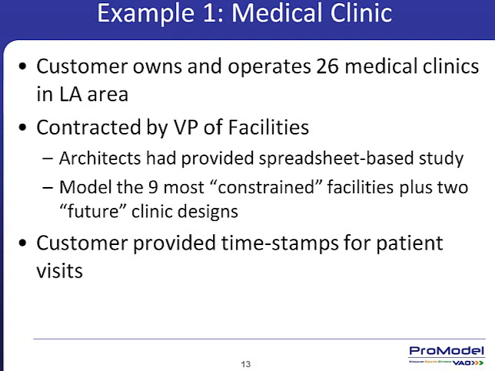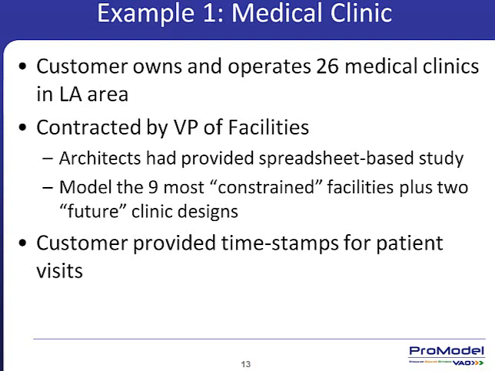We were contracted by the Vice President of Facilities Procurement. She had initially had a group of architects perform a study on two of her more constrained clinics, and she wanted to back that up with a simulation to look more into the interdependencies and the randomness associated with the staffing.